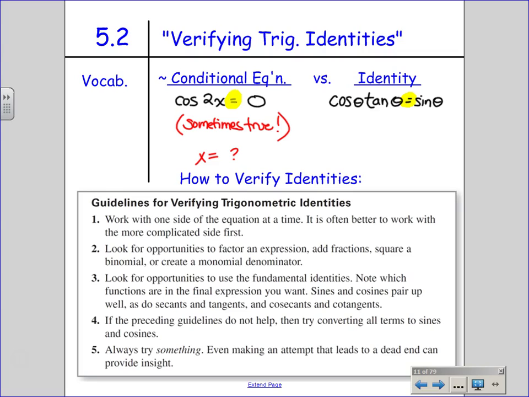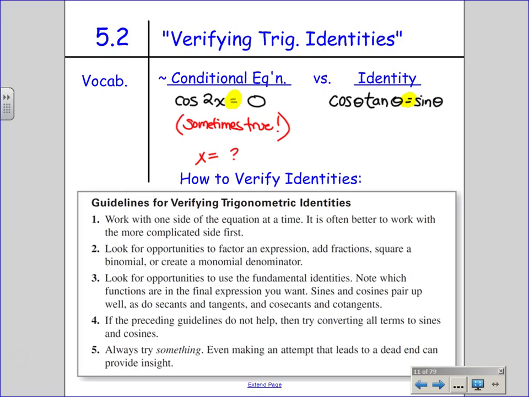Cosine can be 0 sometimes, but cosine is 0 only sometimes. Now in this one, the x is inside, and cosine is 0 when? Well, now 2 times x has to equal those whens, so you have to divide by 2. There's a lot of math in this one. It's sometimes true: for some angles, for some x's, this is true.